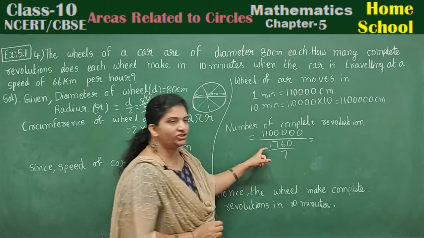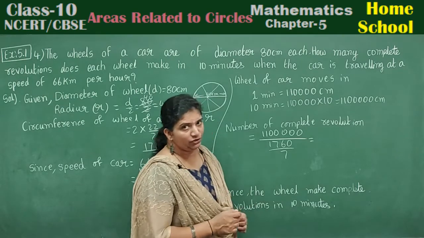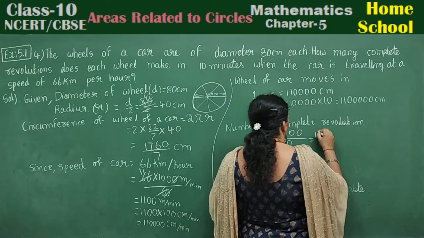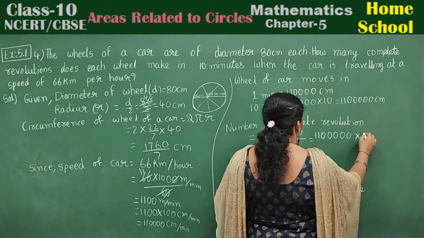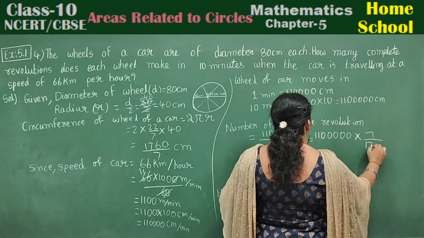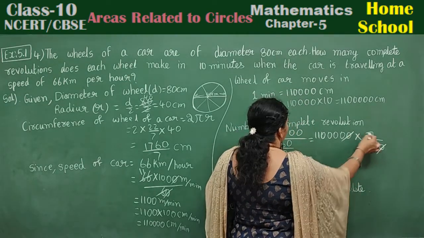Children, you know this fraction has to be brought up. Do the reciprocal and multiply for the numerator: 1100000 into 7 by 1760. 0 cancelled. Multiply these two.